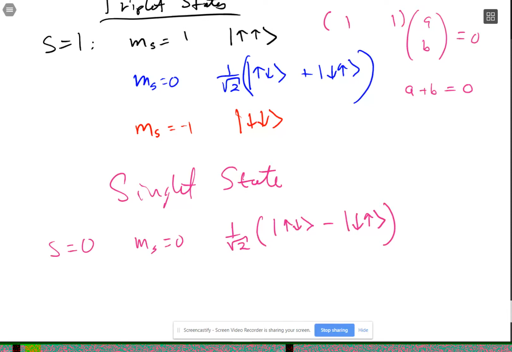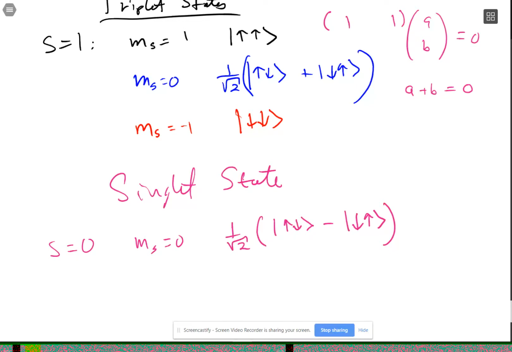Some observations we can make about these states. What happens if I were to exchange particle 1 with particle 2? If it's a triplet state, what happens if I exchange them? Like, let's take the m sub s equals 1. It's up and up. What happens if I flip them? Nothing.